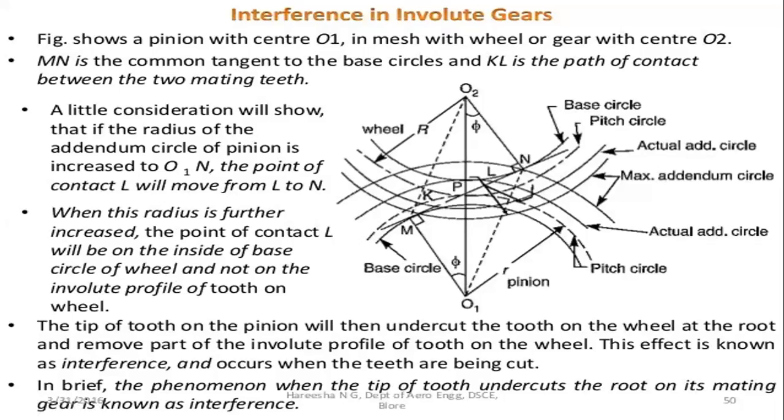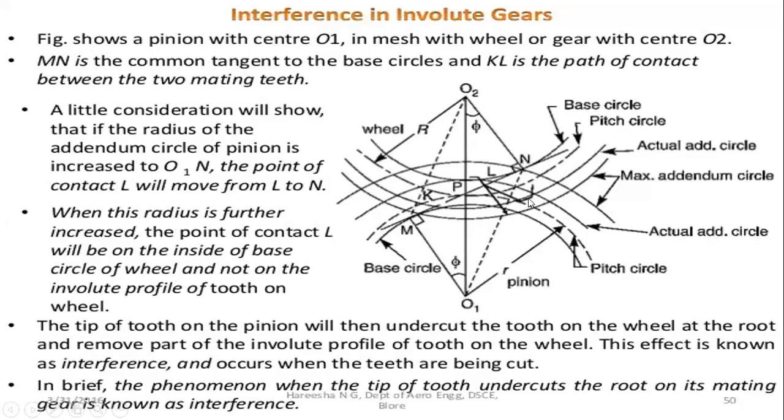As shown in the figure, you have seen the pinion. The pinion is also a gear with center O1, which is meshing with the wheel, or gear, having center O2.